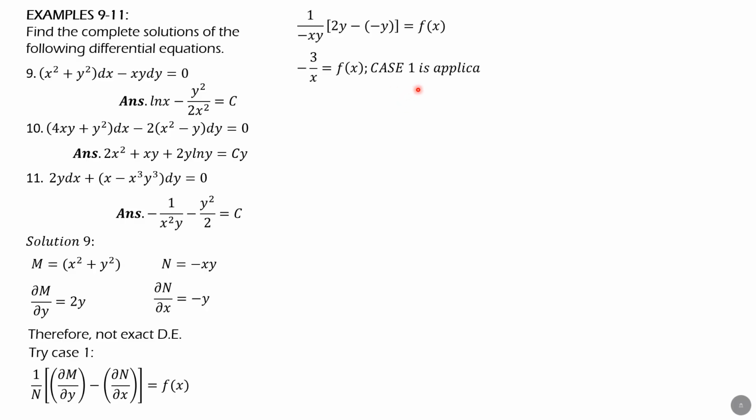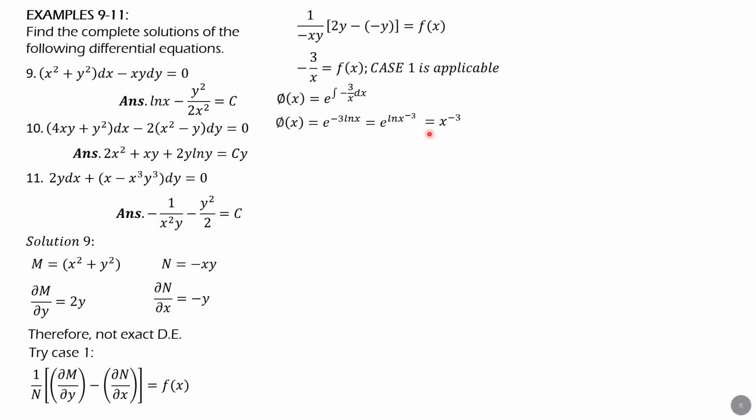So because it is true, the integrating factor from case 1 would be e to the integral of f of x dx. So the integrating factor, which is a function of x, is e to the power integral of negative 3 over x dx. Since the integral of negative 3 times dx over x is negative 3 ln x, that would be e to the negative 3 ln x, and it is also e to the ln of x to the negative 3, which is simply x to the negative 3.